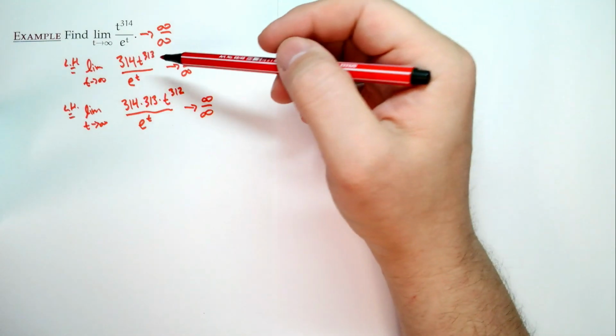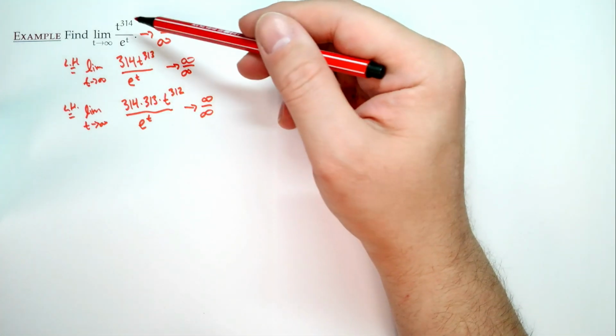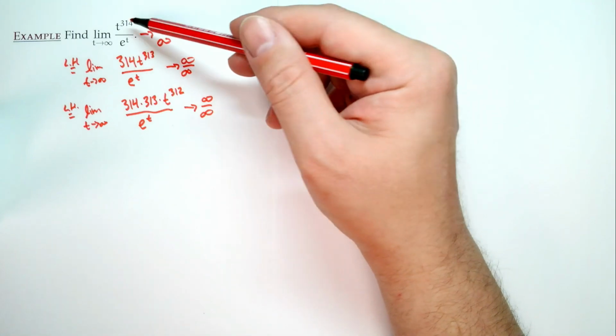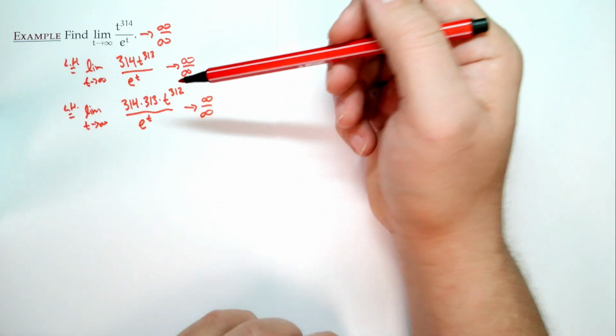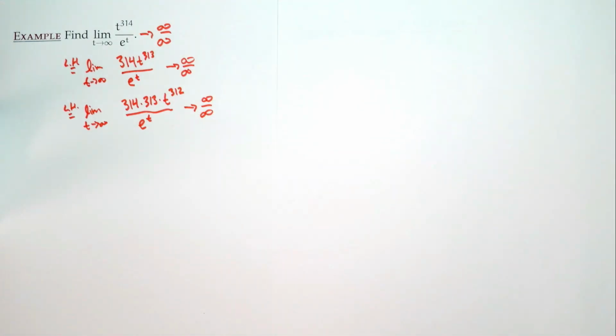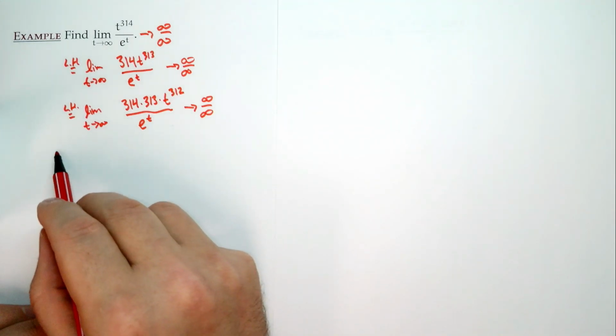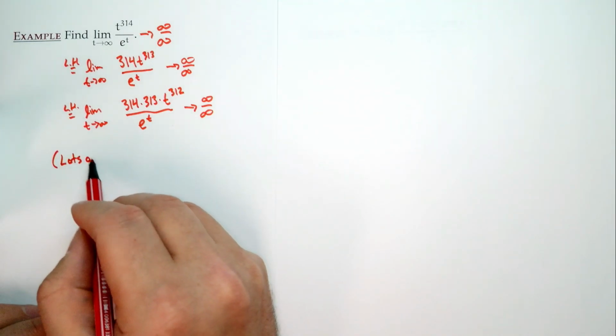Now at this point you're probably like, oh my gosh, what are we going to keep doing? Well, we're going to keep doing L'Hopital, but we're not going to do it without hope. See, notice what's happening to powers. 314, 313, 312. The powers go down. Every time we take a derivative, our power goes down by 1. So we do lots of L'Hopital in the middle here.